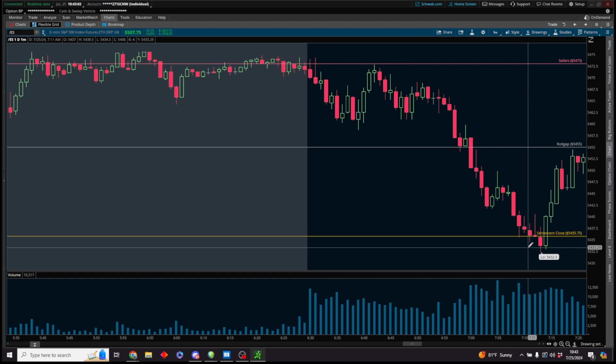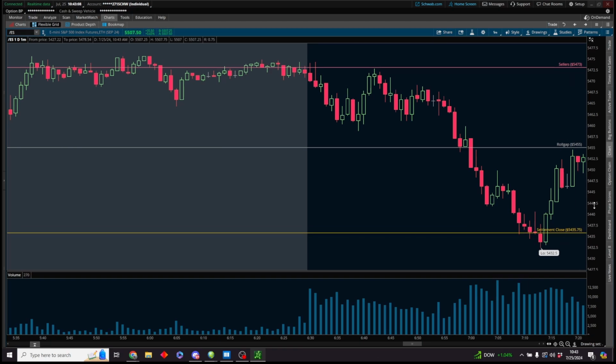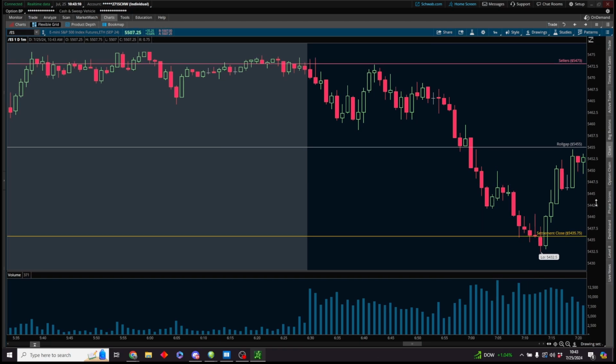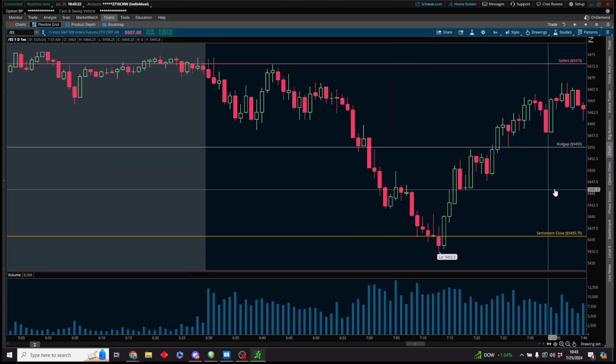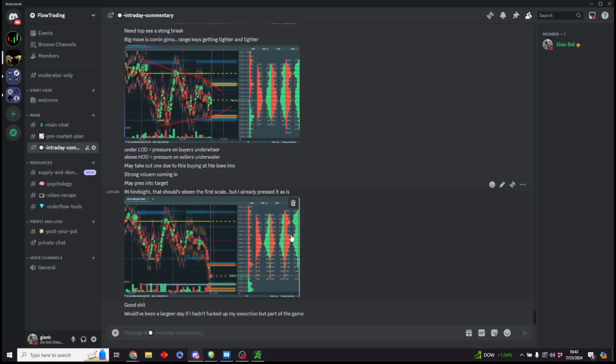Although it will be something for me to journal on and obviously build data upon for when I can hold and press winners. So I left a good amount, like what? Yeah, 20 points into my target. But realistically, I don't know if I would have pressed it. But then again, it was part of my plan. So that was the trade for today.